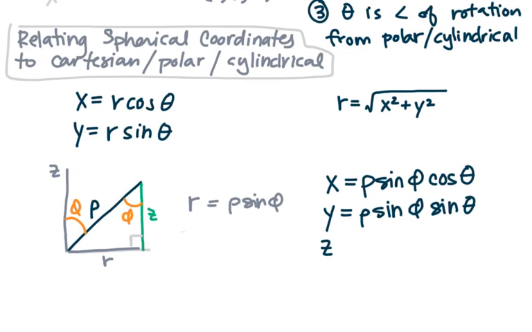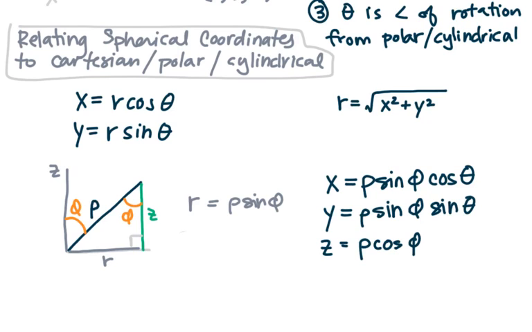And then z, how can I relate z from this triangle? You'll notice that z is adjacent to the angle of consideration phi, so we can say that z is going to be rho cosine phi.